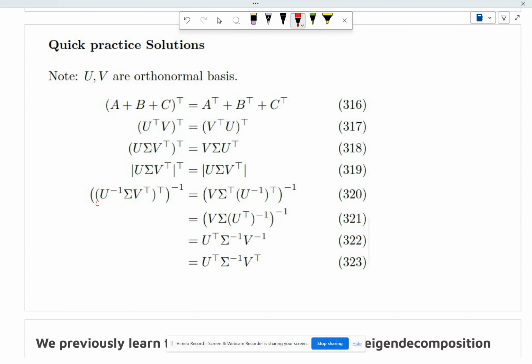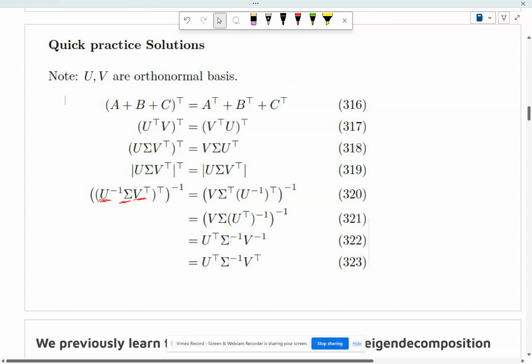Well, this one, the first step is to take the transpose of this term here. If you take the transpose, what you do is you flip them. So V transpose becomes V, sigma becomes sigma, and U inverse transpose. So that's what happens after you take the transpose. Now, here we mentioned U and V are orthonormal bases, okay?